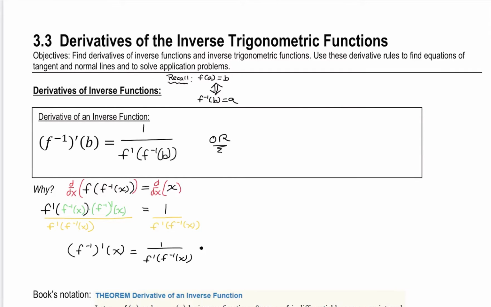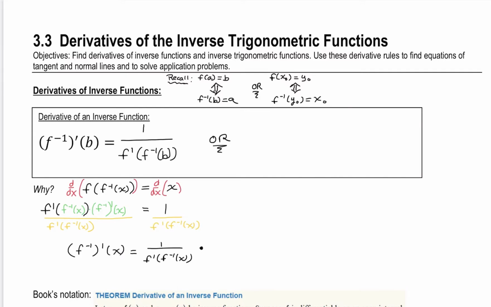But the other way, we can start to connect this with your book's notation by saying, okay, if (x0, y0) is on f, so if f of x0 is equal to y0, that is going to be true if and only if f inverse of y0 is equal to x0.